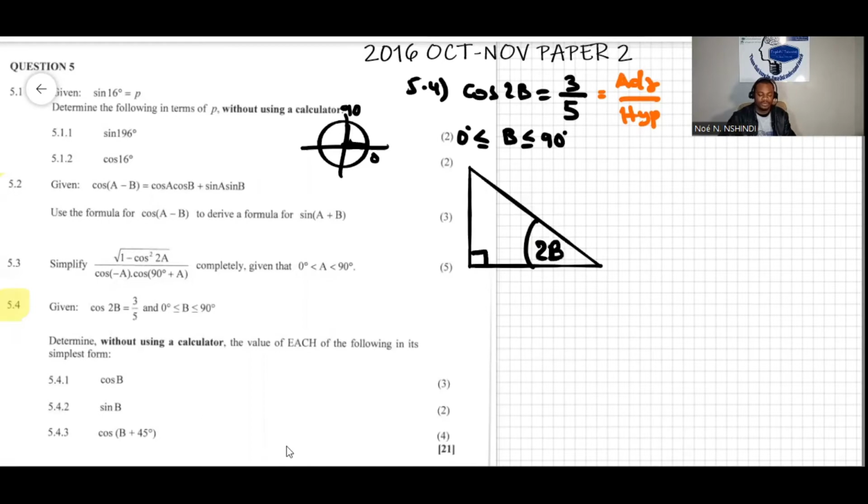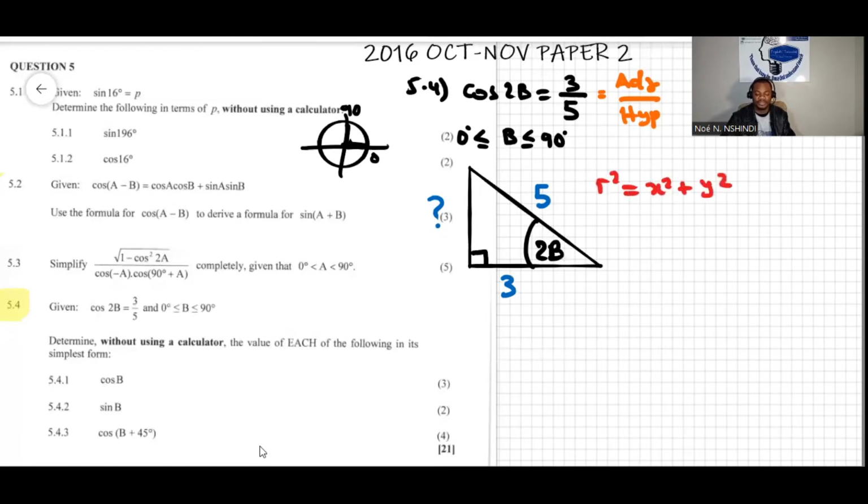Because cos of the angle is adjacent over hypotenuse, this side is 3 and this side is 5. I prefer to first find the missing side before I start answering the questions that follow. We can do that with the Pythagorean theorem, r squared equals x squared plus y squared.